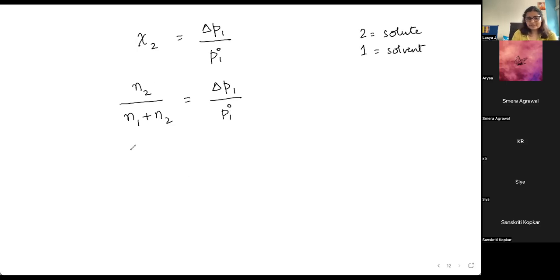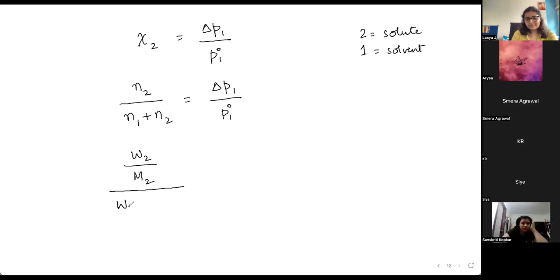Number of moles is given mass upon molar mass, divided by given mass upon molar mass plus given mass of the solvent upon molar mass of the solvent.